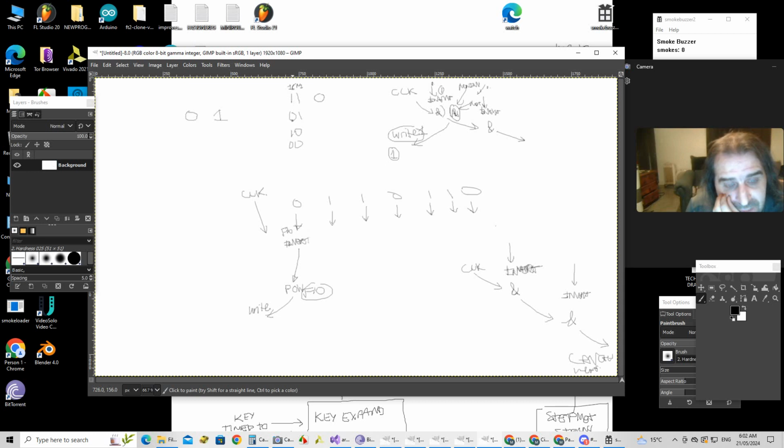If the last one didn't carry and I'm a 1, I stay a 1. If the last one did carry and I'm a 0, I change into a 1. If the last one didn't carry and I'm a 0, I stay at 0. So this is an OR gate.